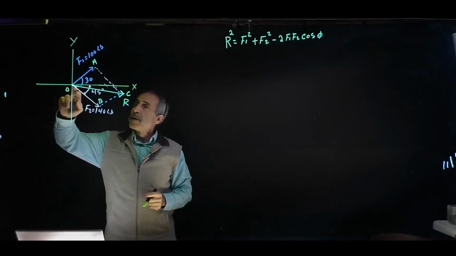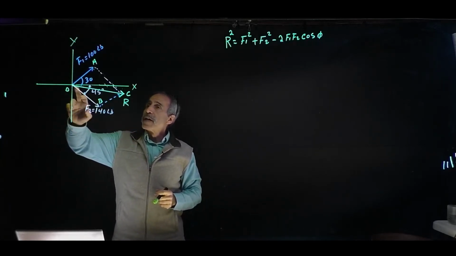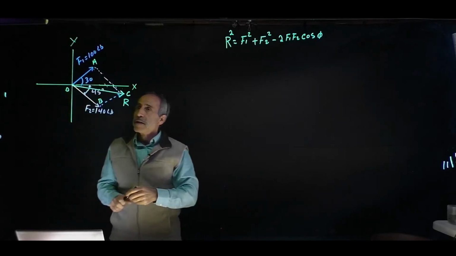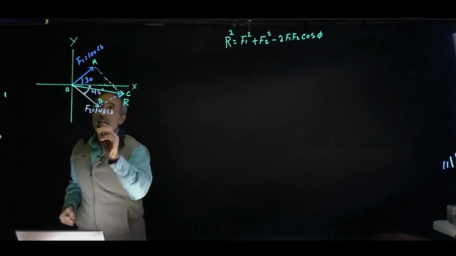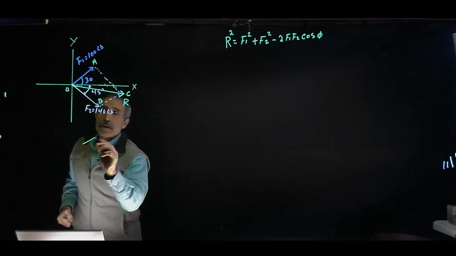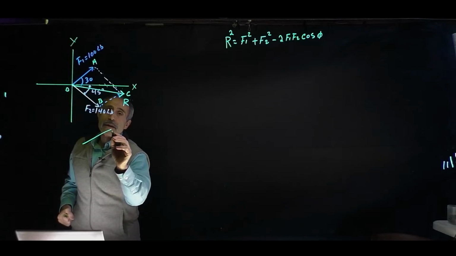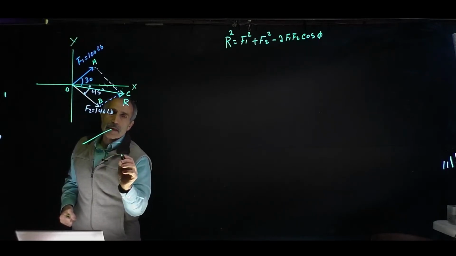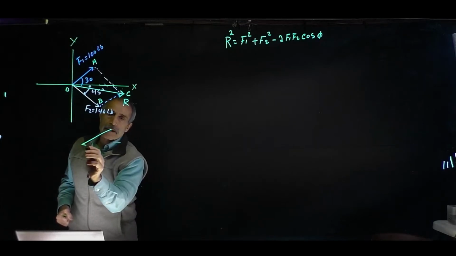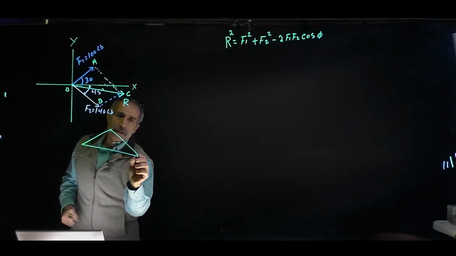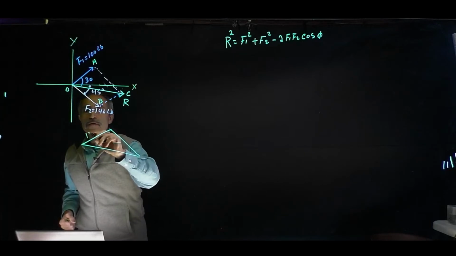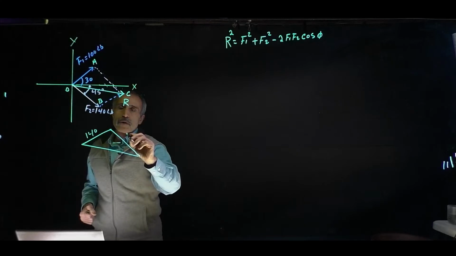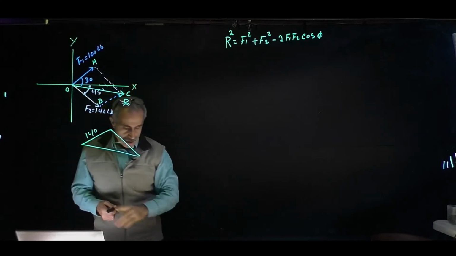We made this resultant force here, and that creates a triangle OAC. Let me redo this triangle. We have this leg going here, and then this one coming down here. This leg was 140, if you remember.